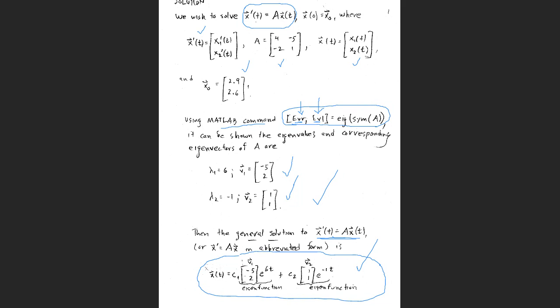So we just showed that a linear combination of the two eigenfunctions for this matrix A will be a solution to the linear system of differential equations given by x prime of t equals A times x of t.